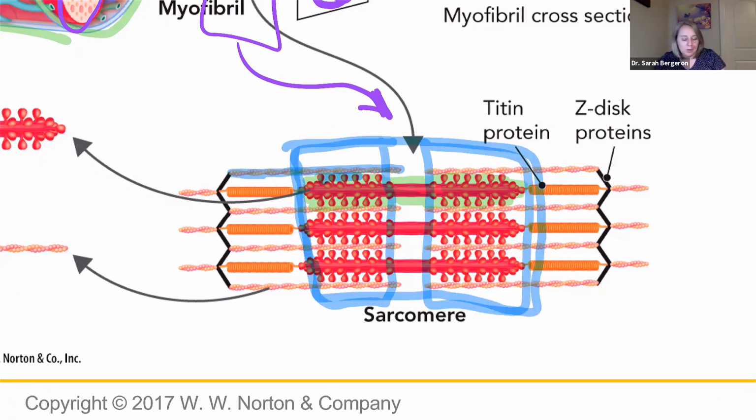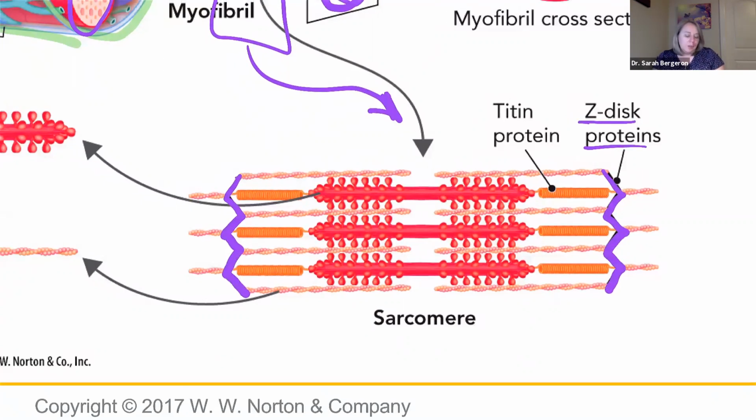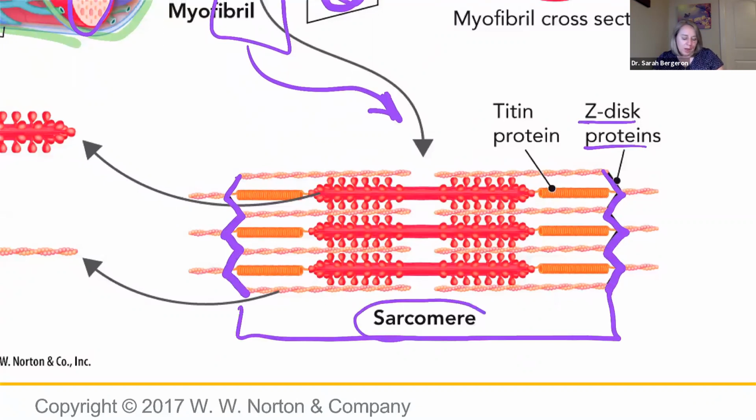And so all of these filaments, let me see if I can erase some of this, are hooked to a set of proteins that look like a zigzag. They call this set of proteins Z-disc proteins because it kind of looks like a Z. And so from one Z-disc to another Z-disc, we call that a sarcomere.